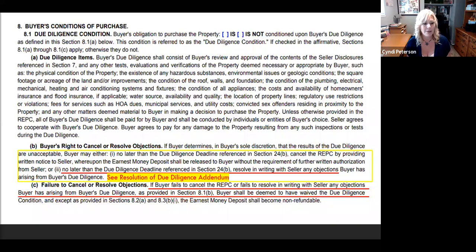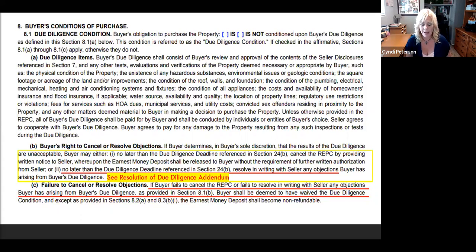Or, no later than the due diligence deadline referenced in section 24B, resolve in writing with seller any objections buyer has arising from the buyer's due diligence. So by the due diligence deadline, what that means is it has to be resolved by that date.